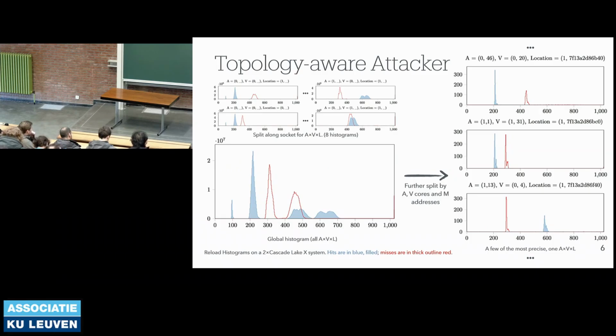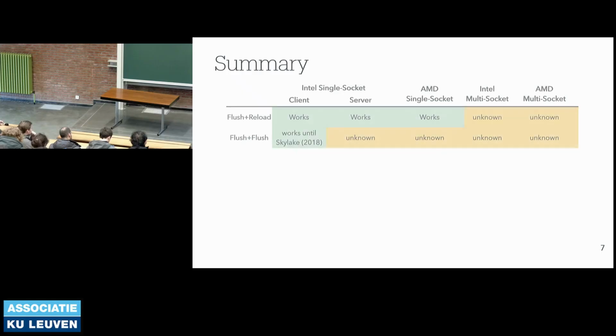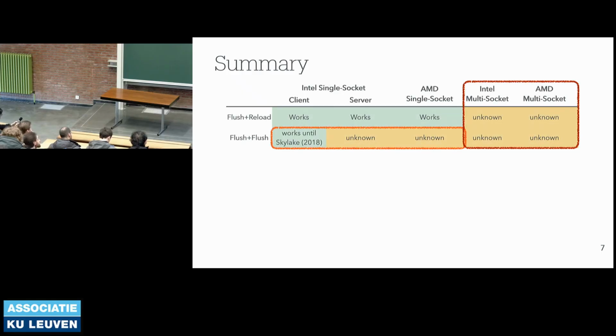And this is a model: if we can actually put ourselves in one of these histograms, we can probably run a very effective attack. So in summary, if we take the table that we had initially and fill it in with a new value, we can run the topology-unaware attack on single-socket Intel client.